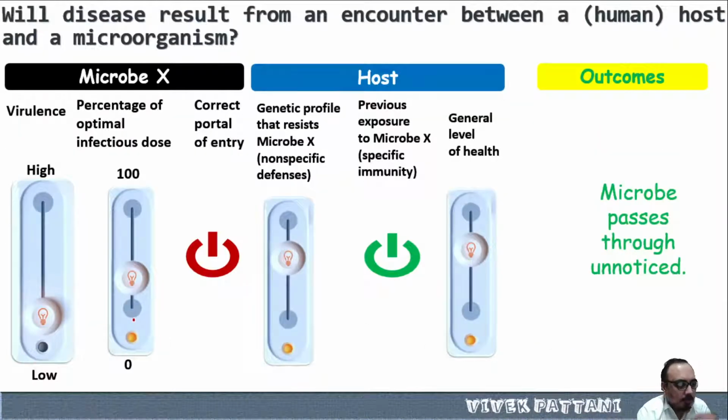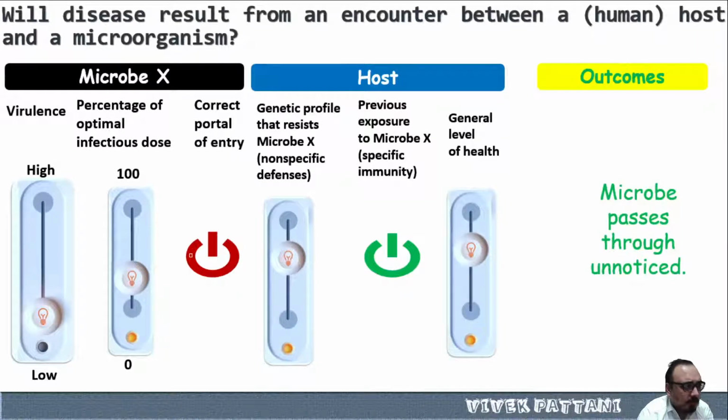So finally, I am going to ask you a question. Will a disease result from an encounter between a human and microorganisms? The human is the host, and the microorganism may be a bacterium, a fungus, a virus, or a protozoan.